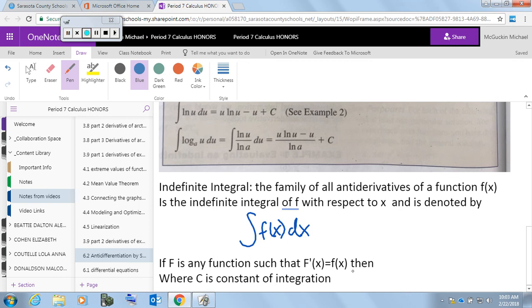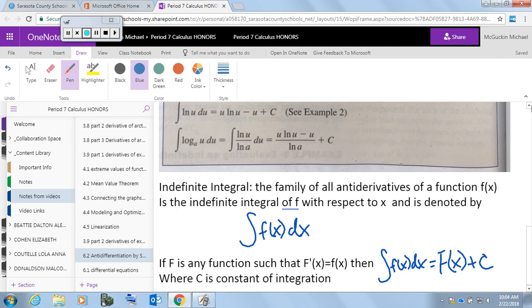Then we can say that the integral of f of x dx is equal to capital F of x plus c. It's just what we've been doing in the past, taking the antiderivative of the function, which is denoted by capital F, and then because it's indefinite, we have the constant of integration c.